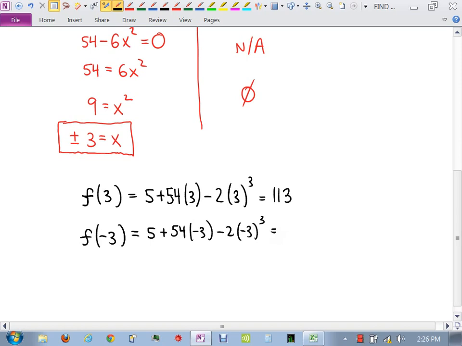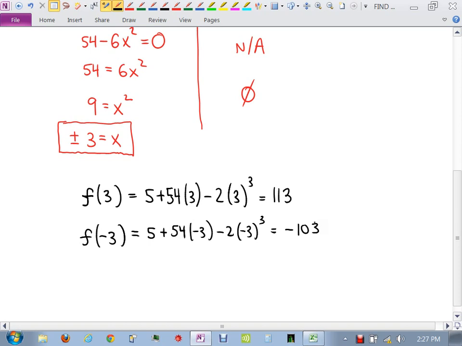What do you get? Negative 103? That sound good? Anyone else get that? Did anyone else get that? Negative 1? Okay.